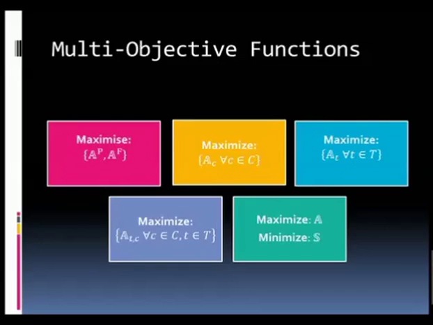So those competitions are translated into the following objective functions, which are simultaneously being optimized. For example, in the first one, in the pink box, you're simultaneously maximizing the number of passenger trains and the number of freight trains.